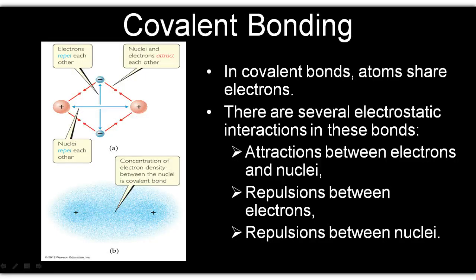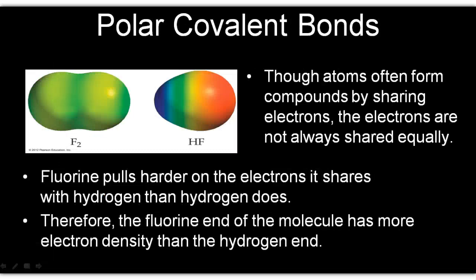All right, covalent bonding, which we typically think of as just sharing electrons. So for covalent bonding, you simply have attraction between the positive nuclei and the negative electrons. And we have some different comparisons based upon that. Using this example, we have some computer models that show the differences.